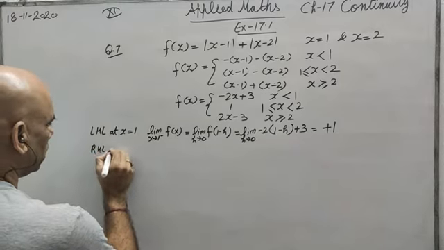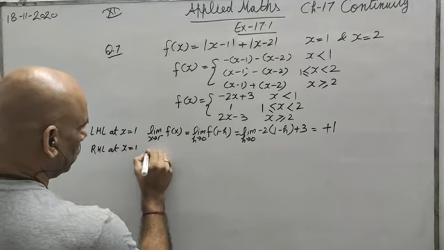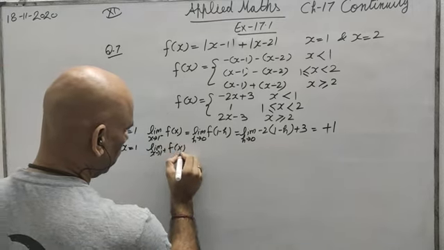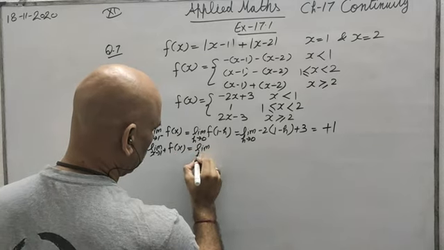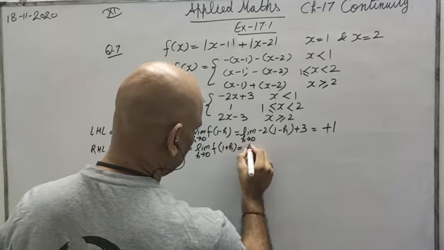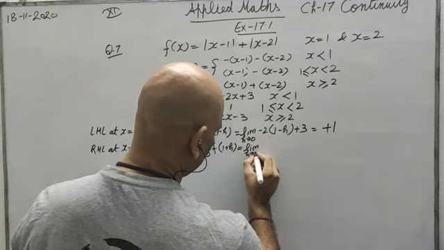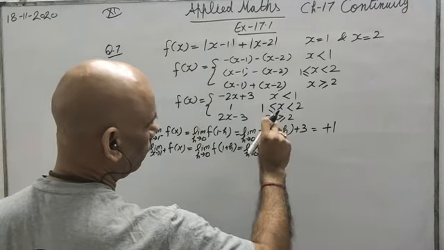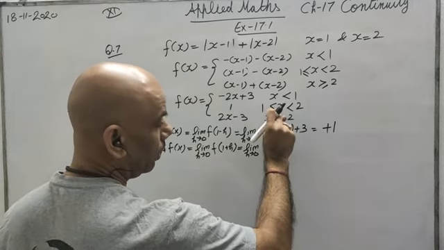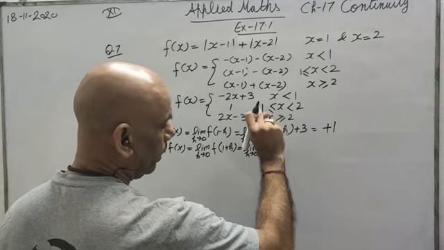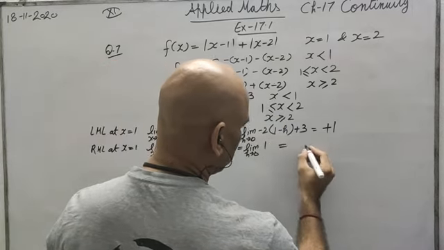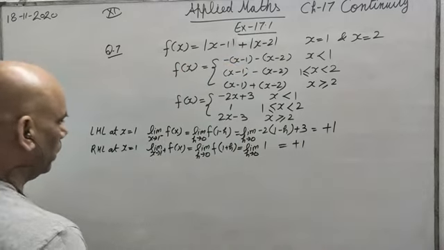Now RHL at x equals 1. So limit x tends to 1 plus f(x), limit h tends to 0 of f(1 plus h). When the value of x is between 1 and 2, that is 1 plus h, the function is 1 and hence we got the value as plus 1.